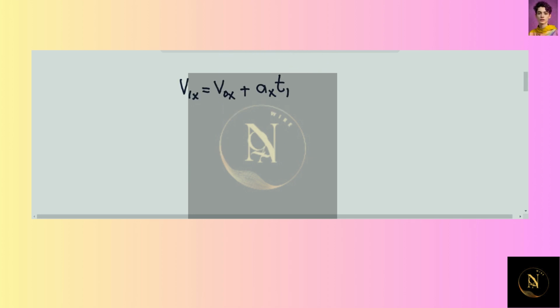Since we know that the initial velocity is 0, the equation becomes like this. Since we already calculated the acceleration, we just plug it in this equation. Then we have the velocity after the first 0.5 seconds is 2 meters per second.